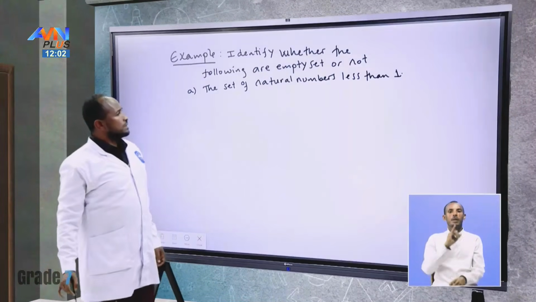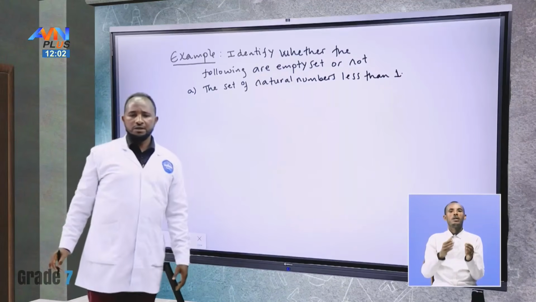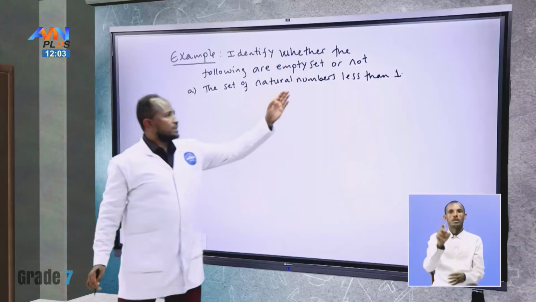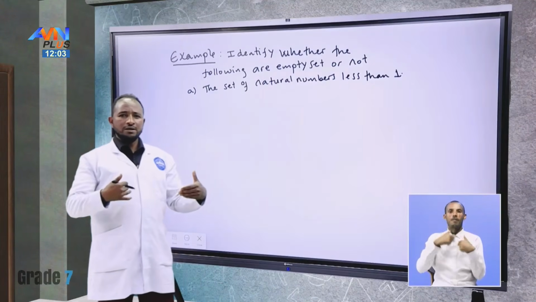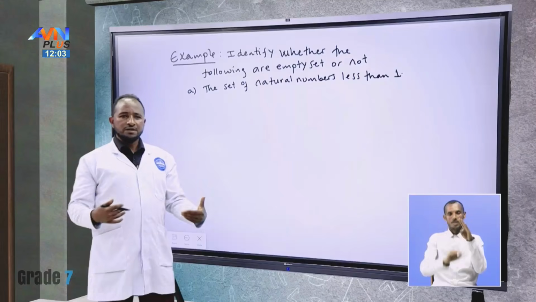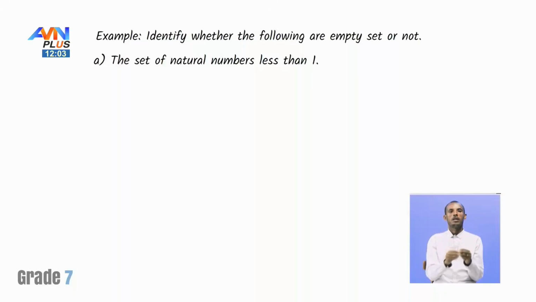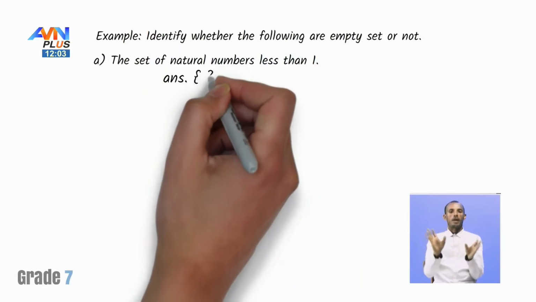Is this set empty or not? If not empty, let's try to list the members. Now let's see the question. Natural numbers less than 1. We don't have a natural number less than 1. Therefore, this set is an empty set. So the answer is this. This set is the empty set.